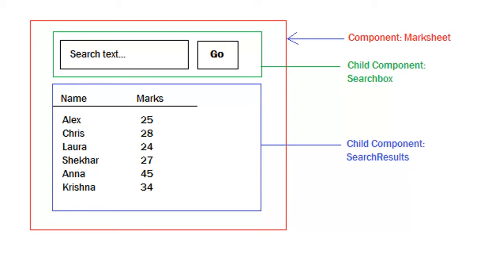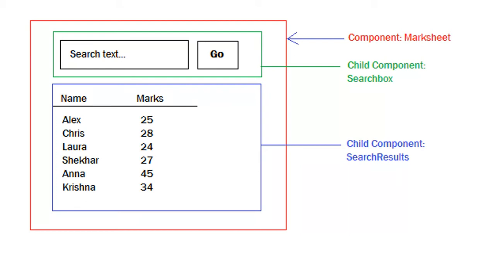Within this red color component, we have two more sub-child components. Suppose our page has one login component. Second, we have one more component below, in the footer. We have one in the middle, and we have one more component.